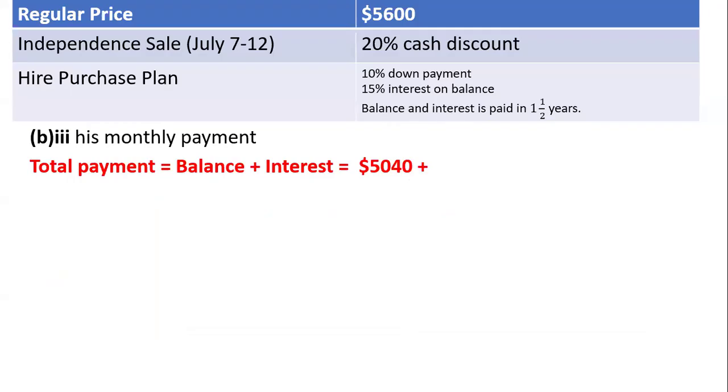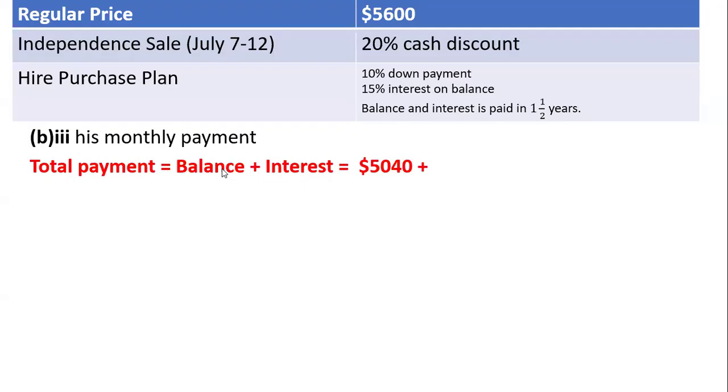He already paid the down payment, that was 10%. But now he has to pay the balance, the rest of the money, and the interest. How many years does he have to pay for it? They give him 1.5 years. Very good.